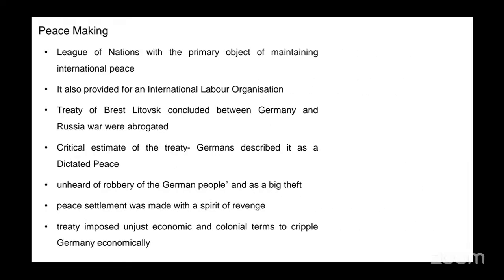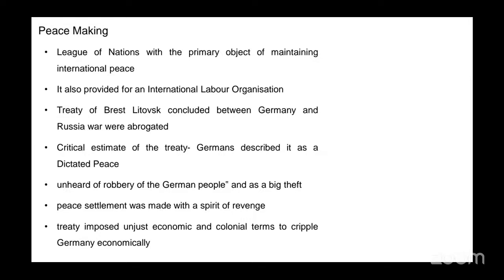Now, the League of Nations, with the primary object of maintaining international peace. The League of Nations was established mainly to avoid war, to maintain international peace, and to resolve issues which could lead to war.